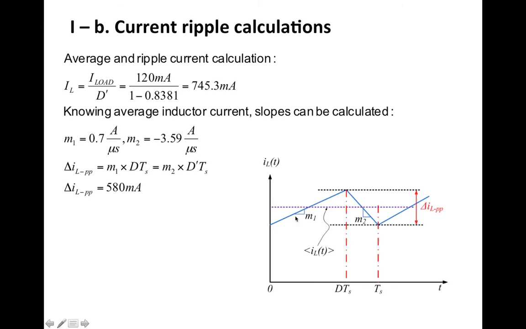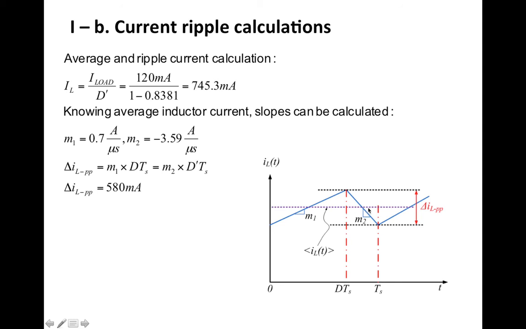The peak-to-peak ripple is the difference between this highest point and lowest point, and that's M1, this slope, times the time that this upslope lasts. And also we can say that it's the difference between this point and this point, and we can use the off time for this calculation.